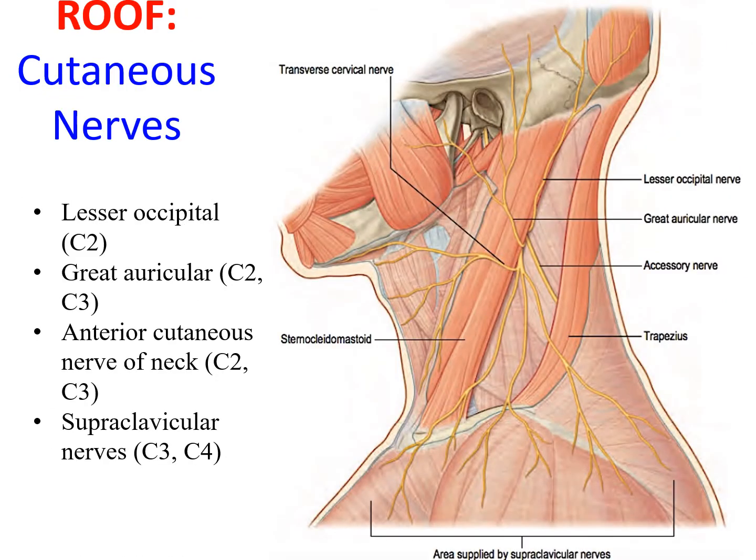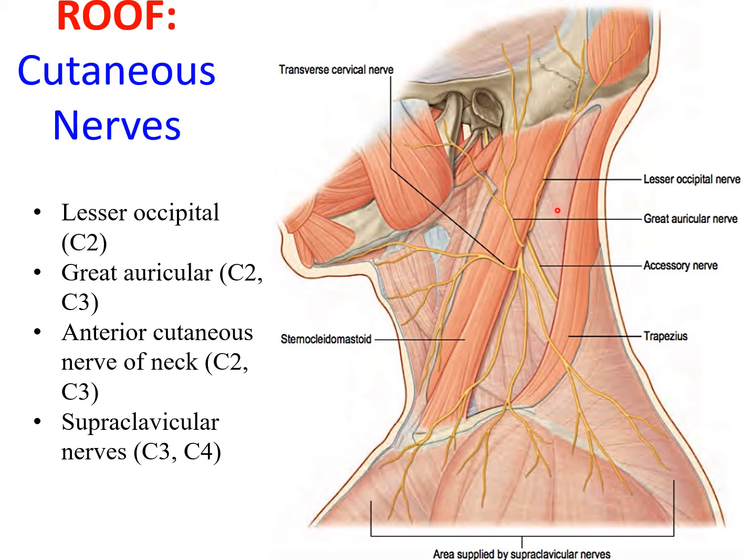Let us now discuss the 4 cutaneous nerves. So these 4 cutaneous nerves are branches of the cervical plexus. If you remember, I have told you in the last lecture that the cervical plexus and the brachial plexus were lying deep to the prevertebral fascia, which is forming the floor of the posterior triangle.